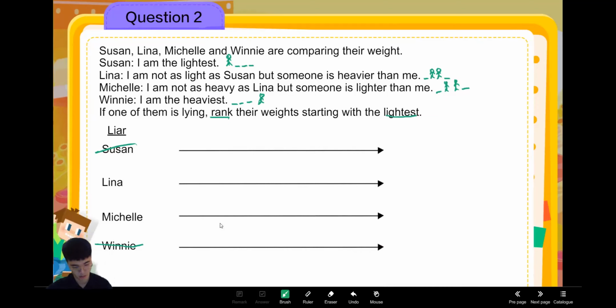Now, no matter what, Susan will be from here. Here is the lightest, okay? And here will be the heaviest.